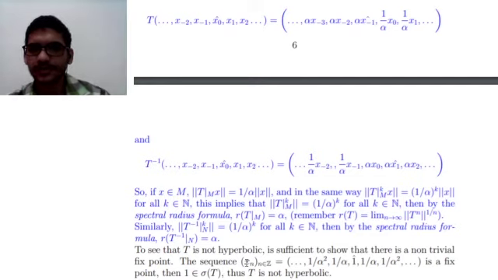When you apply T, you have this part and you multiply it by 1 over alpha and make the shift to the right.